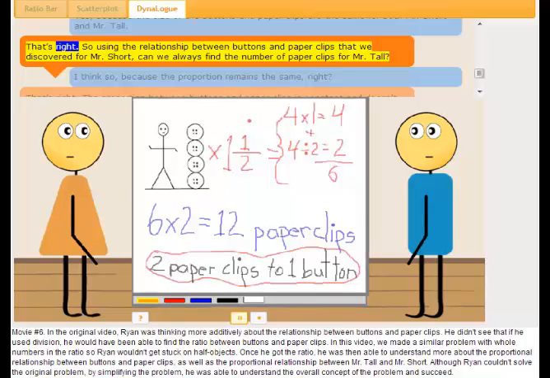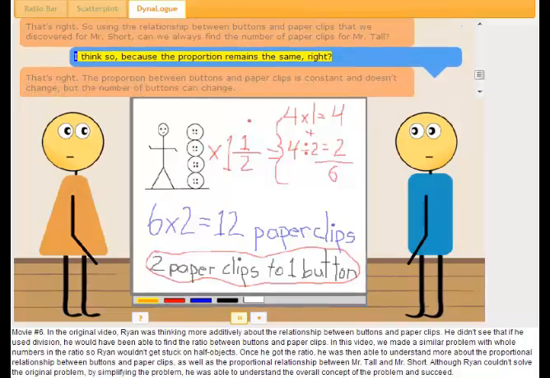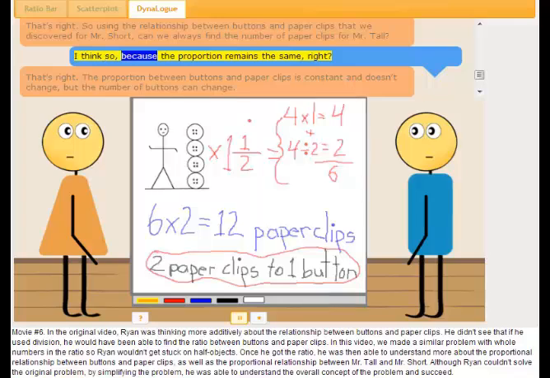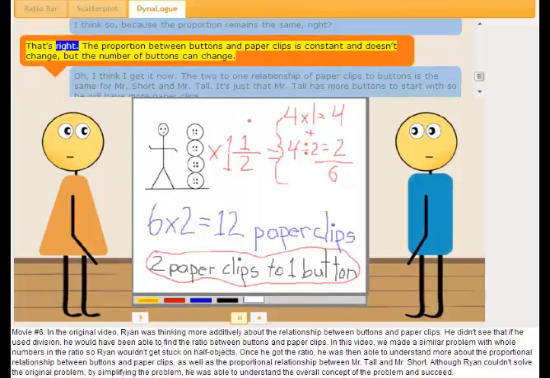That's right. So using the relationship between buttons and paper clips that we discovered for Mr. Short, can we always find the number of paper clips for Mr. Tall? I think so, because the proportion remains the same, right? That's right.